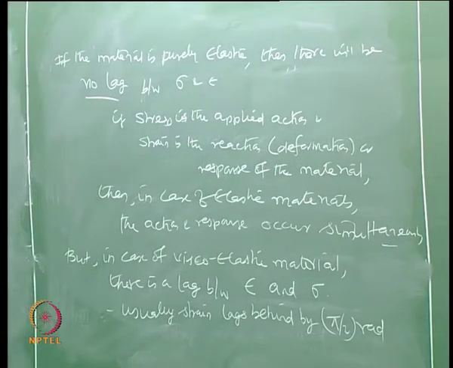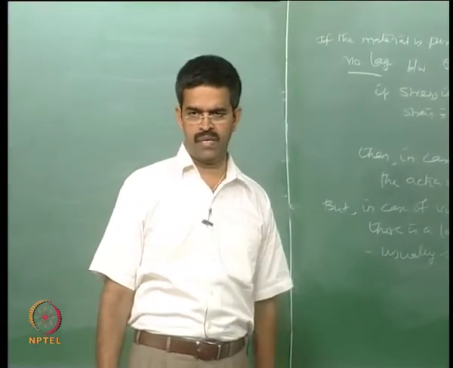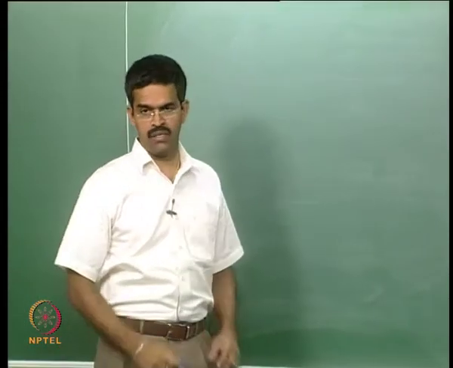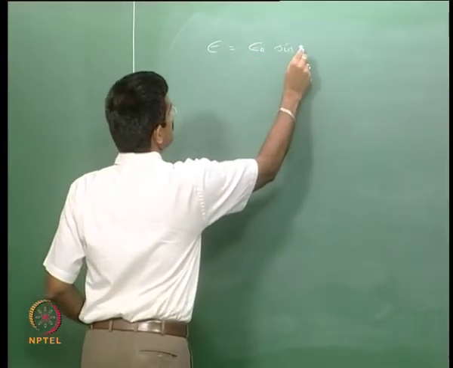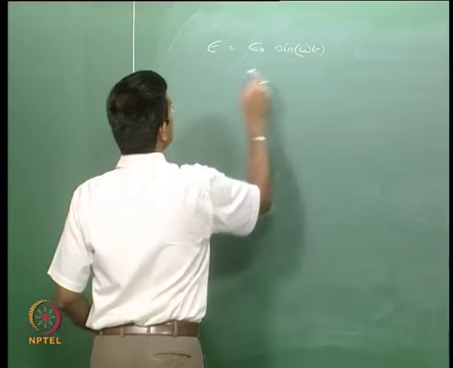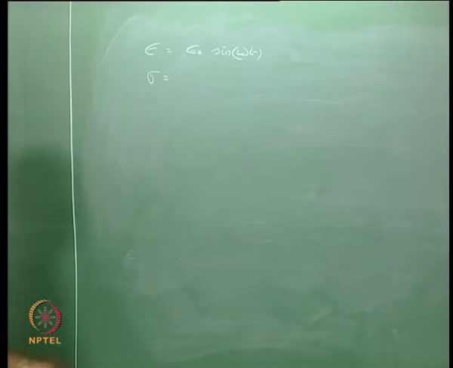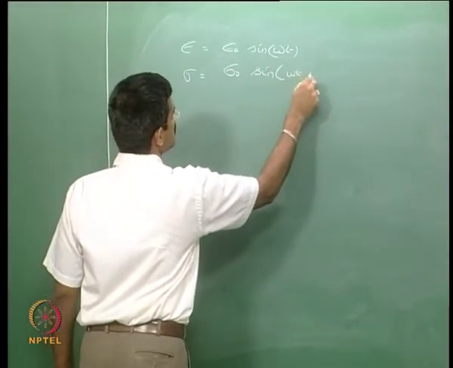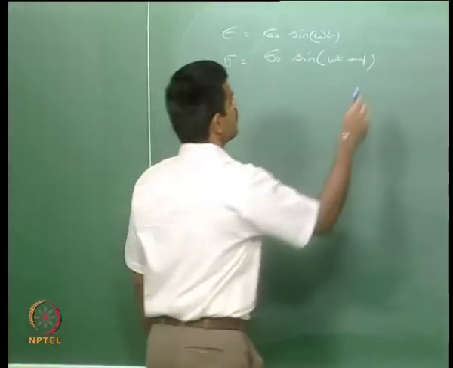The strain will not occur at the maximum point where the stress is occurring in the same phase; it can be shifted by 90 degrees, which is a property of viscoelastic materials. So, strain can be sin omega t, whereas stress can be sin(omega t + phi). It is an advanced state. Equation number 1.